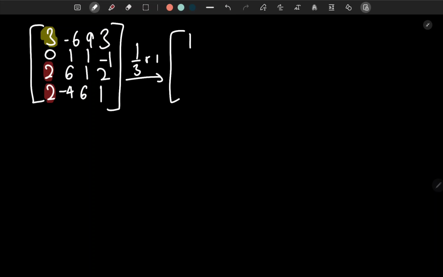1 -2 3 and then 1, and everything else stays the same.